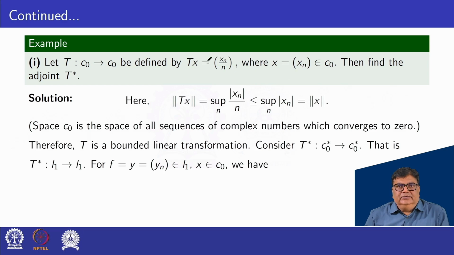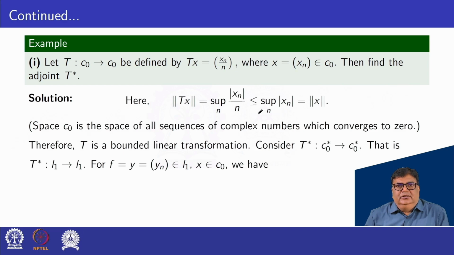Here the sequence of Tx is xn by n, that is, the norm of Tx is equal to the supremum of mod xn by n, n belonging to natural numbers. If n is equal to 1, that is the max value. Hence this is less than or equal to the supremum of mod xn.